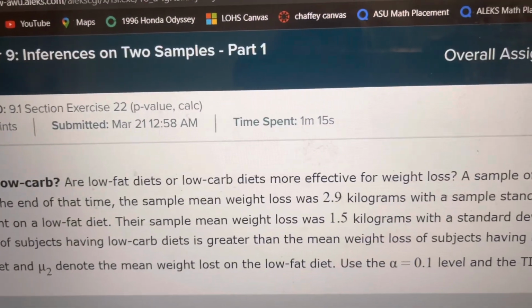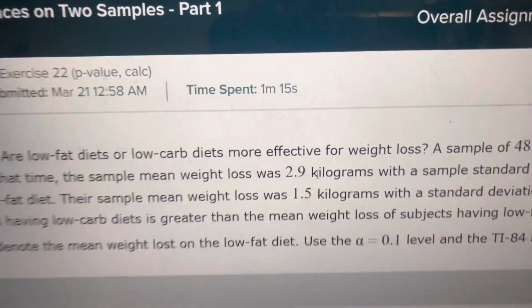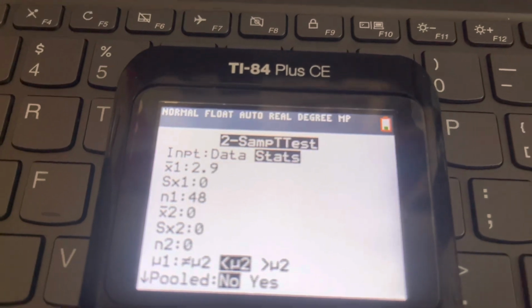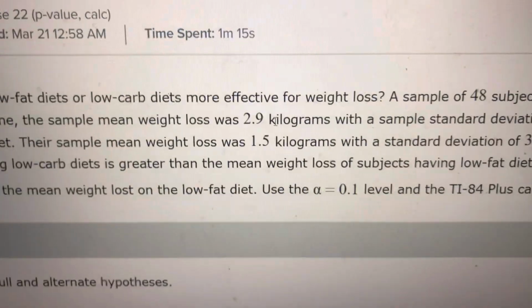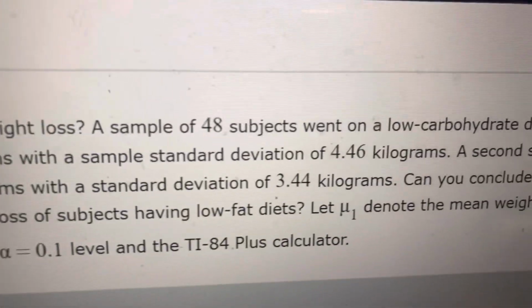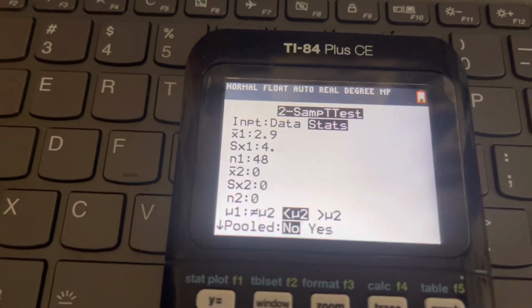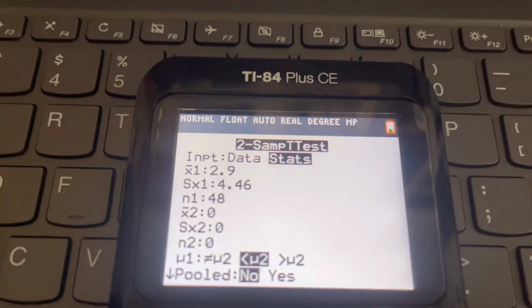At the end of that time, the sample mean weight loss was 2.9 kilograms. So the mean for the first sample would be 2.9, with a sample standard deviation of 4.46 kilograms. So again, standard deviation 4.46. So we have all the data points for the first sample.